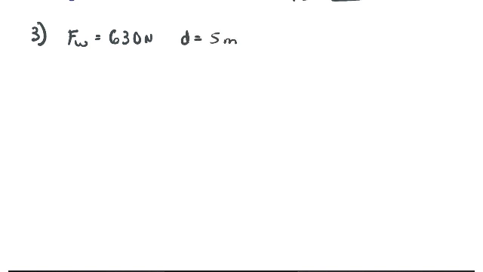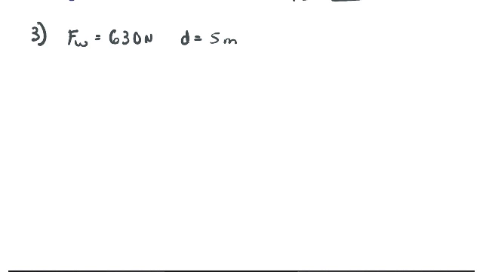Let's go to question 3. Question 3 says that you have a person who weighs, so that's weight. Weight is a force of 630 newtons, and they're going to climb a distance of 5 meters. It says, what work does the person do?